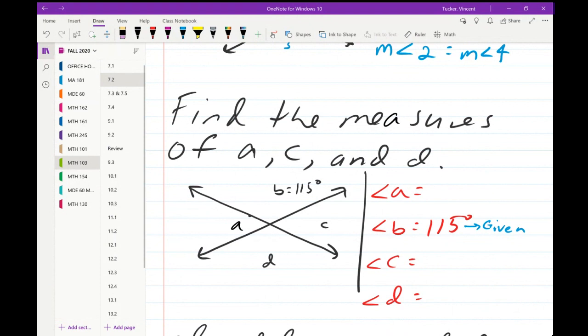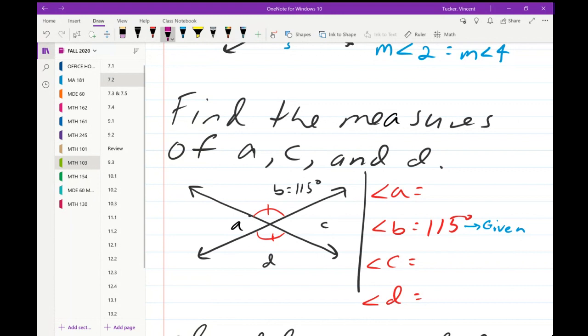All right, so they ask us to find the measures of A, C, and D, and they gave us B. So you can use the vertical angle relationship in order to find out D. When we look at B, B and D are equal to each other because of vertical angles.